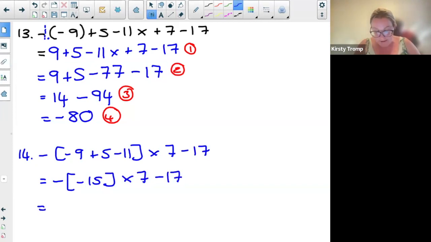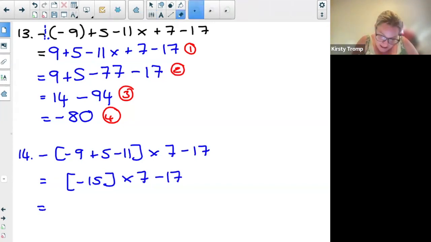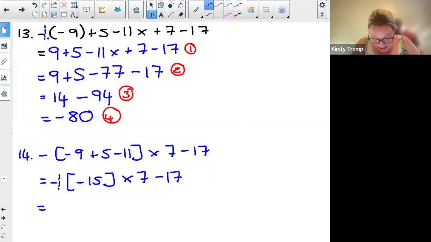I'm going to keep going. All right. We did this one a little bit earlier on. I said to you, we are a little bit lazy when there's a negative on the outside of the bracket. It actually means that there's a number 1 hiding here. He's hiding, and you can draw him in. You can put the times little dot there to show yourself that it's -1 times by that bracket, okay?